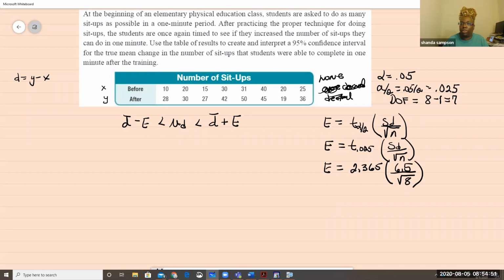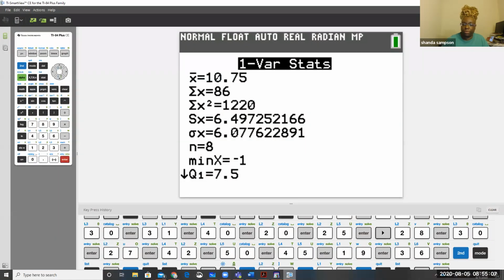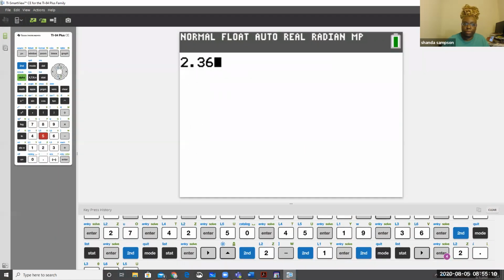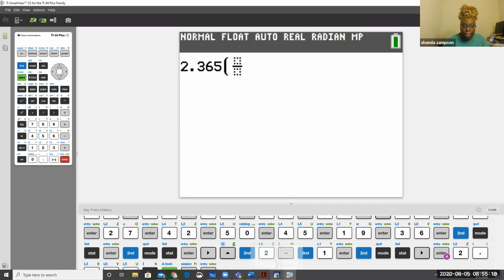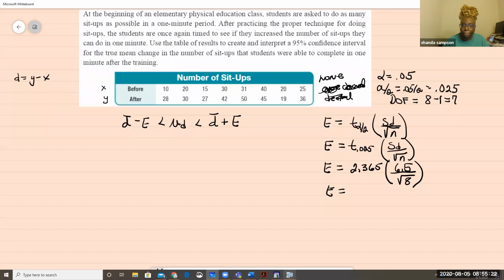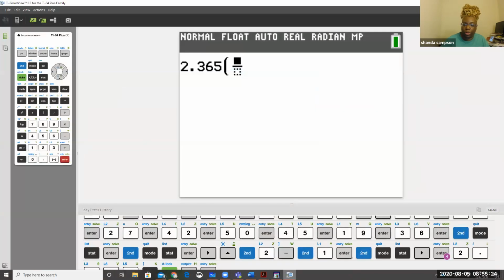Now, again, I don't know how your instructor does it. My students can leave it at this point. If they decide to write down E equals, they need to write it in 6 digits. So let's do it, 2.365. Let's just do it real quick. I'm going to do some fancy fraction work here. And that standard deviation was what? 6.5 over the square root of 8.